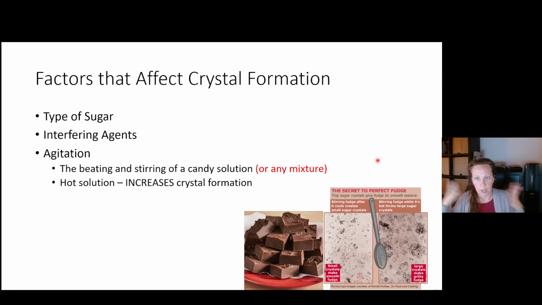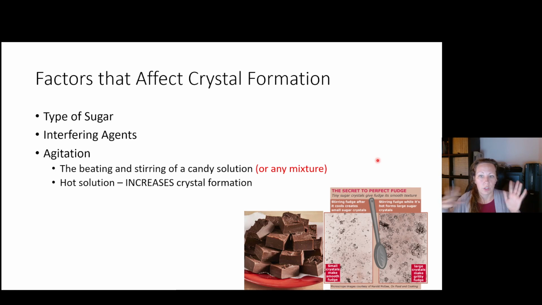Because you are supersaturating that sugar. And any process is going to happen faster when hot. So what happens with agitation is that stirring, whether hot or cold, promotes production of sugar nuclei or seeds. Okay, it promotes the production of those first seeds that start the crystal forming.